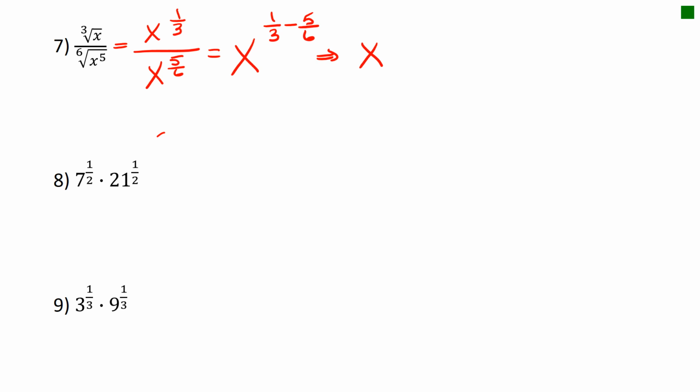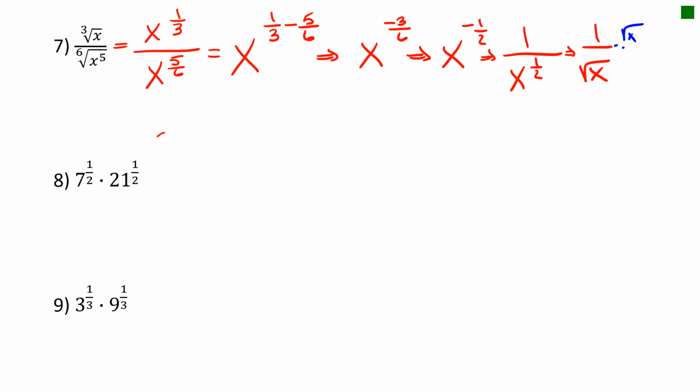So that's going to be x to the, let's see, times 2, 2 minus 5 is negative 3 over 6, which would be x to the negative 1/2, which would be 1 over x to the 1/2, 1 over the square root of x. Got to rationalize it. Since it's a square root, I can just multiply the normal old way, and you get the square root of x over x.